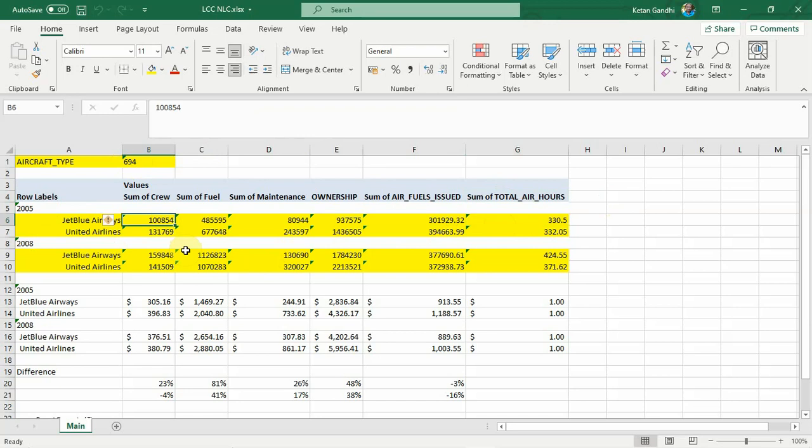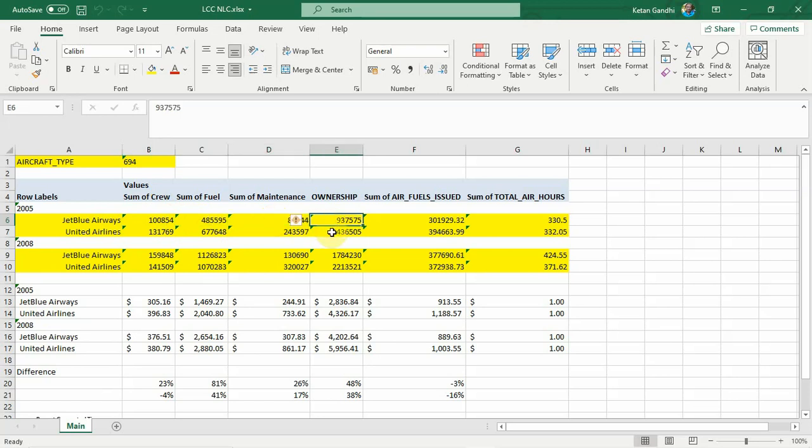The sum of crew cost for JetBlue Airways was approximately 1 million, and the rest hundreds, thousands. And then the fuel cost was 4 million. Then the maintenance cost was 809,000.